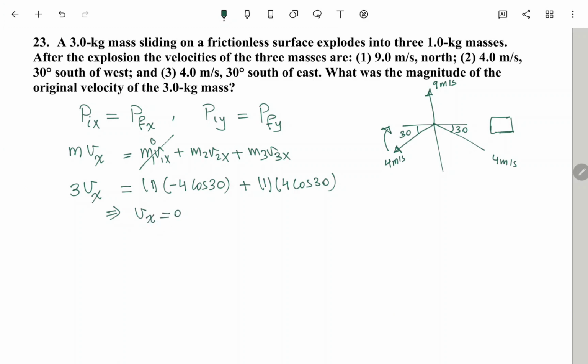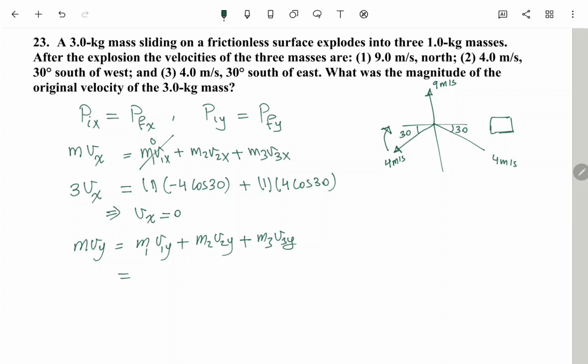Now let's follow the same procedure for the y component of the speed, which in this case is M Vy equals M1 V1y plus M2 V2y plus M3 V3y.